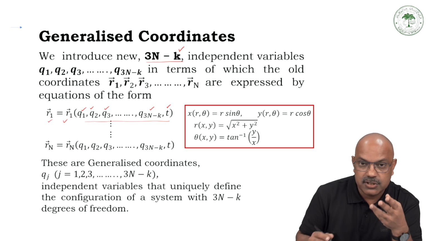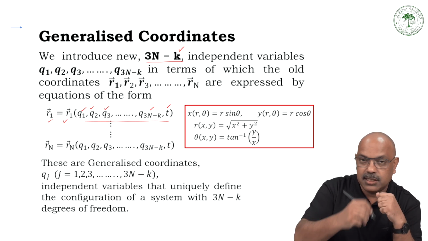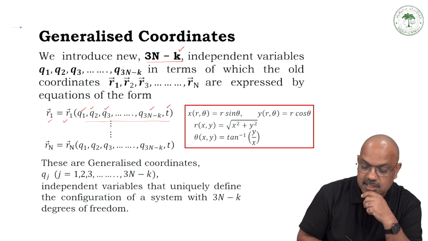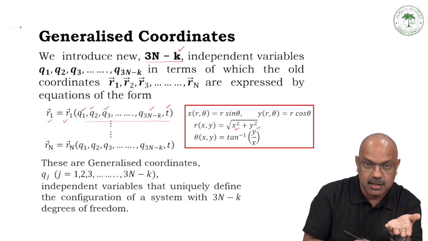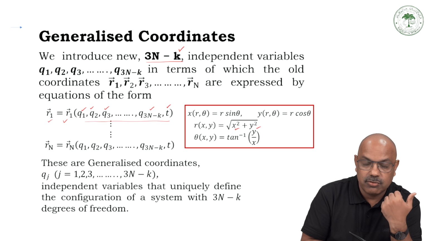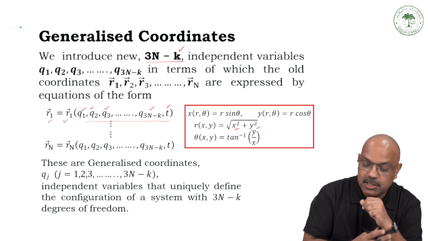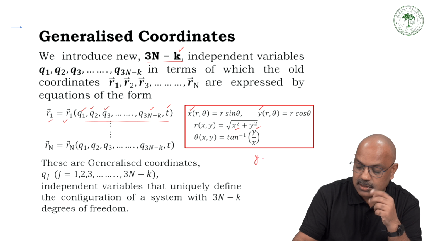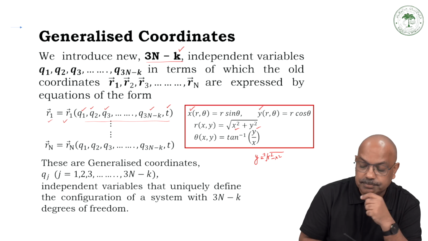For example, in the recent example, the particle has to move around a circle. If you specify the system in terms of x and y, x and y are not independent, because y now depends upon plus or minus the square root of r squared minus x squared.